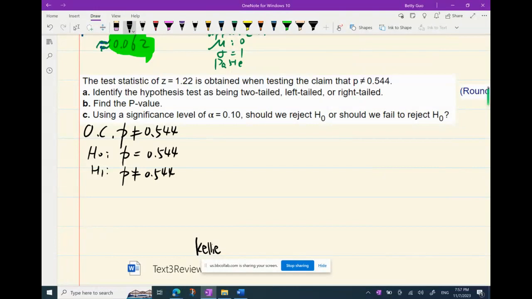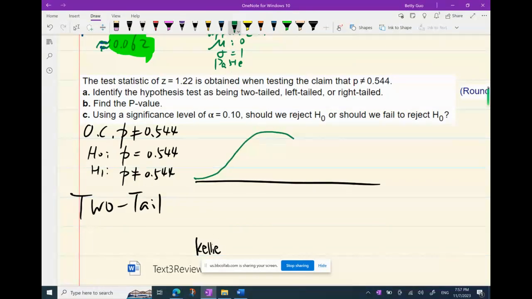So what kind of test is this? Two-tailed test, right? Yes, a two-tailed z-test. You know it's a z-test because of the z here. Definitely a z-test, two-tailed.